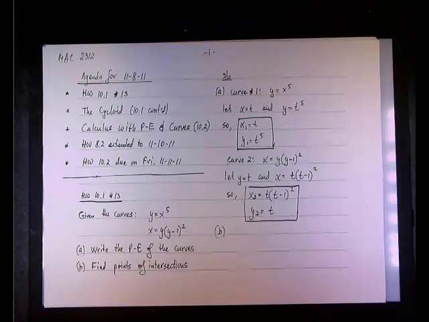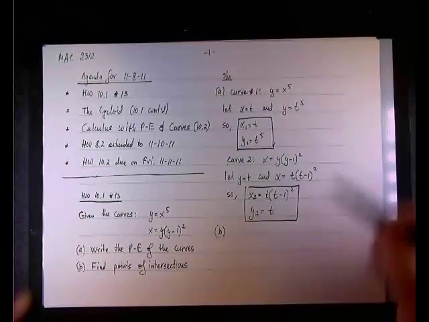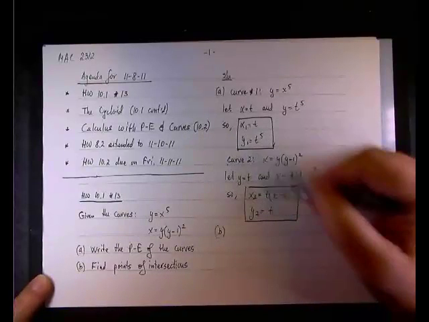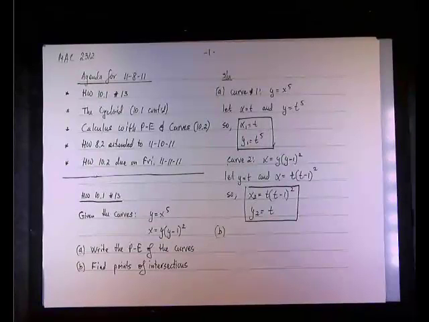In order to solve it analytically, you need to equate x1 to x2 and simultaneously y1 to y2, and you can get values for t that correspond to the three intersections. One value we know right off the bat is t equals 0. t equals 0 corresponds to 0, 0.